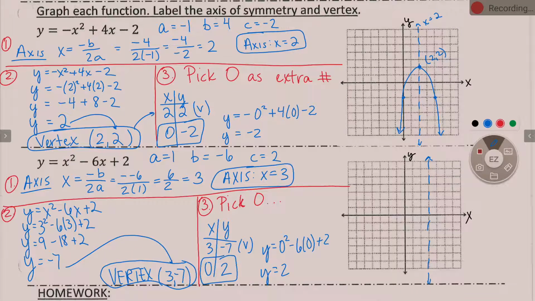And in order to label this, I'm just going to say x equals 3. Okay, now what? Your vertex. So over 3, down 7. Okay, over 3, down 7. Which does put us at the very bottom, which is fine. That is our vertex at 3, negative 7.